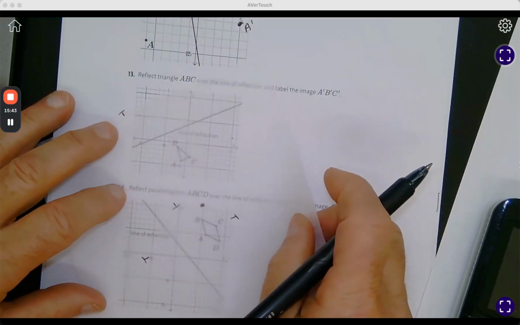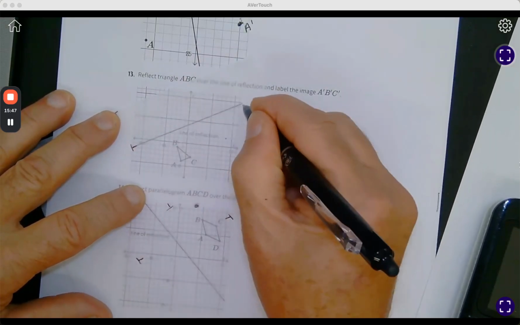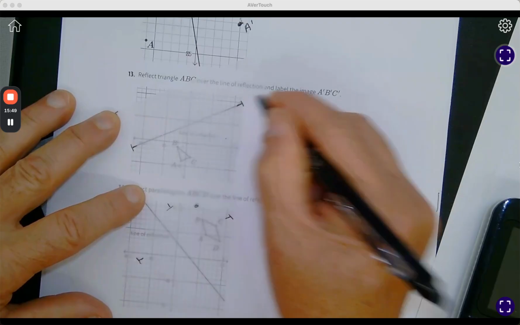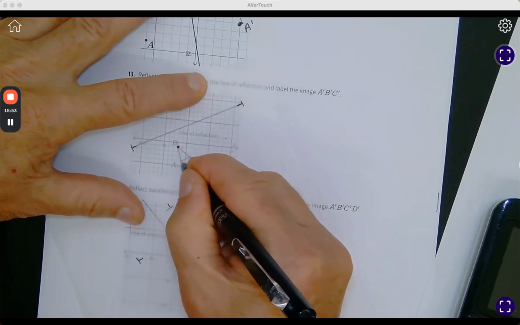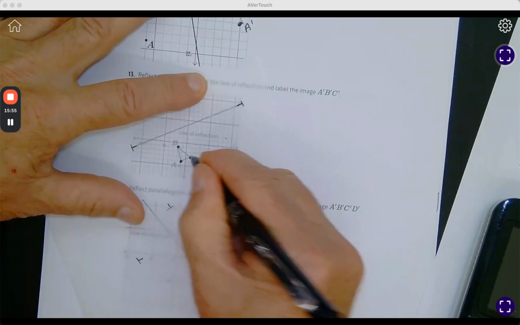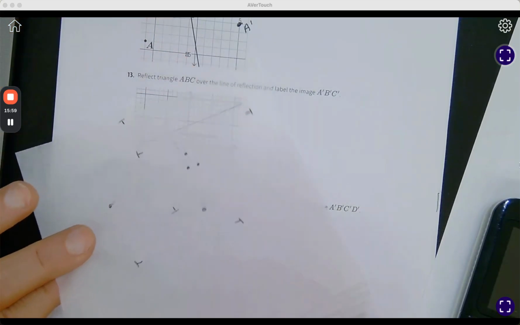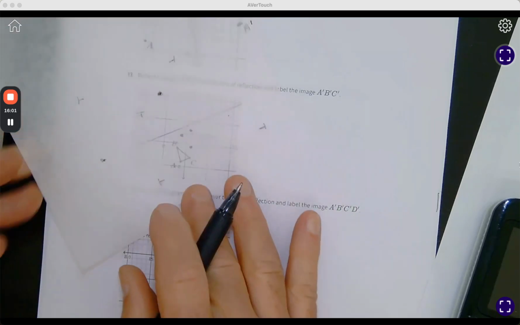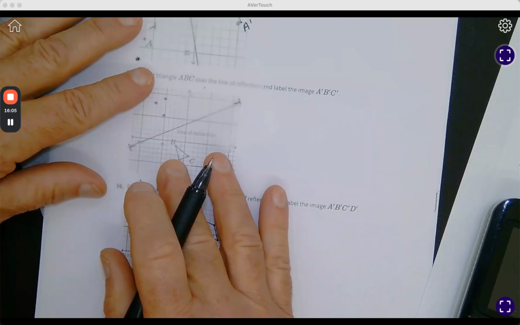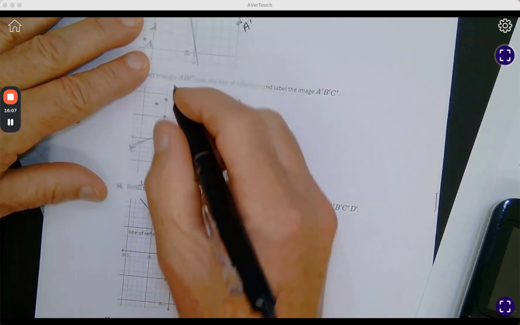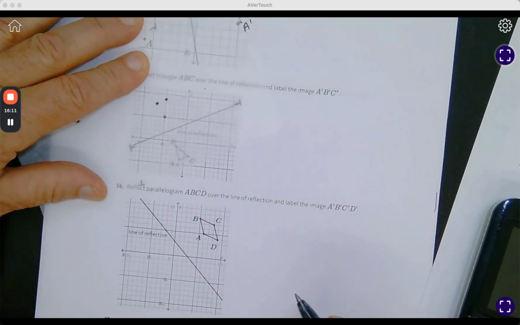Woo, let's go. Reflect triangle ABC over the line of reflection and label the image A prime, B prime, C prime. Okay. Same thing, even though there's more points, it's still the same process. So I make those, and I now draw my anchor points. Those are the vertices. I'm reflecting, so I pick it up and over, line those up perfectly, and then if you color those in, they'll pop.